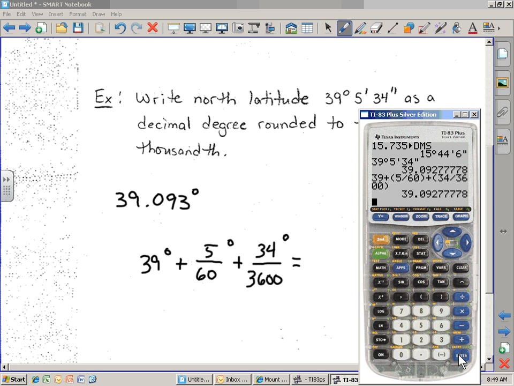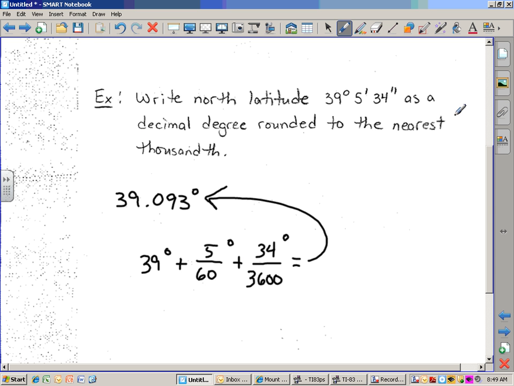We get the same exact decimal, 39.093 degrees. So that's converting from degrees, minutes, and seconds to decimal degrees and the opposite.